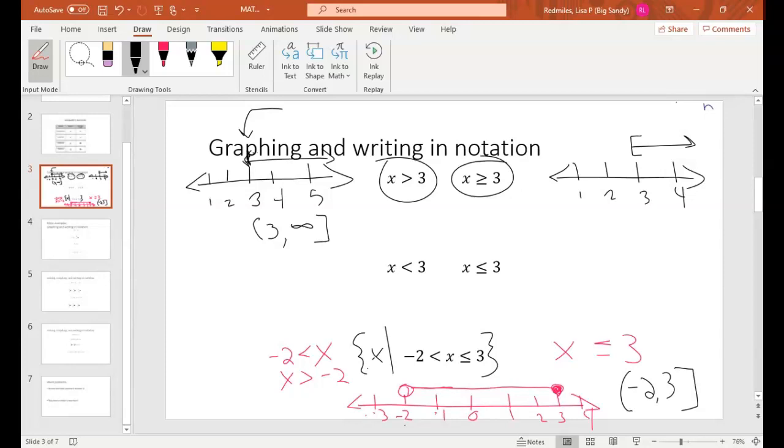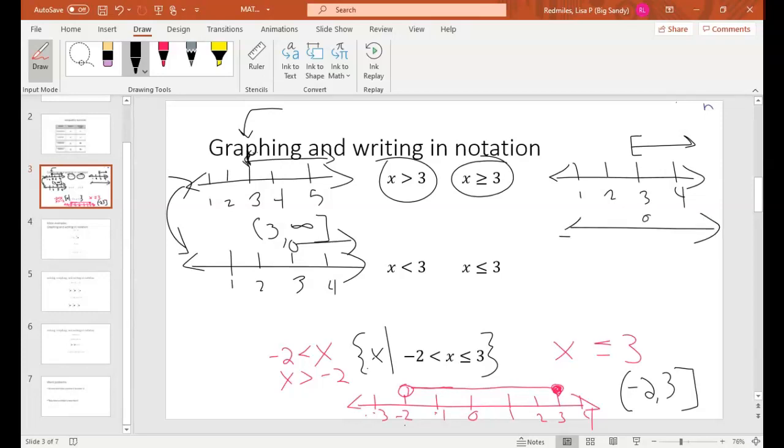So that parenthesis means the same thing as a circle that's not shaded in. These two are the same thing. And then this one over here means the same thing as a circle that is shaded in.